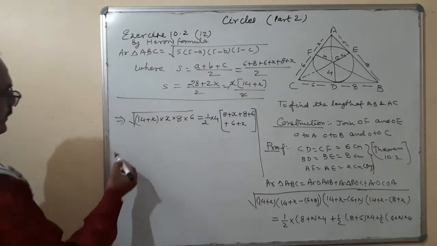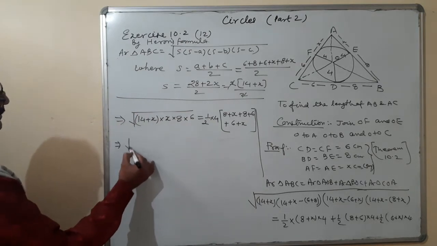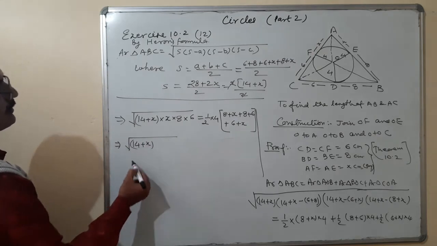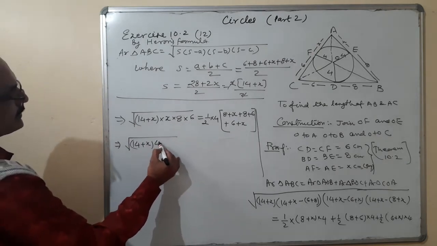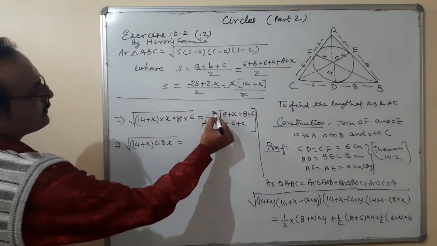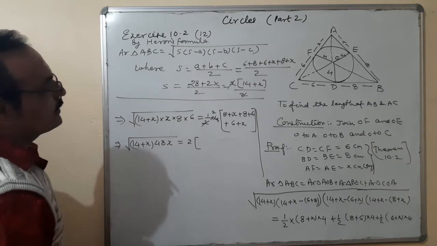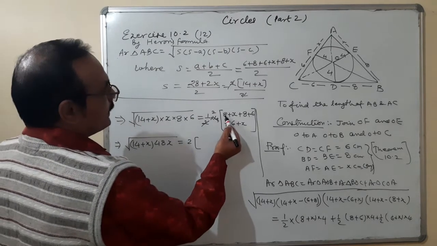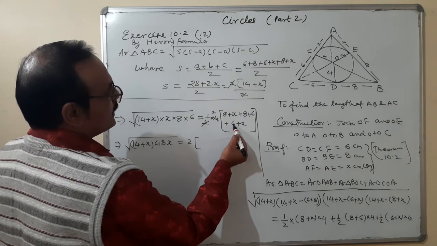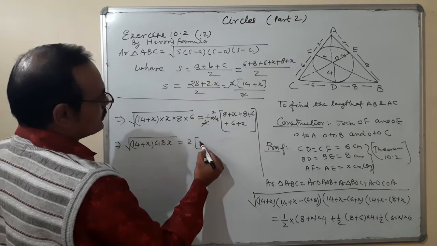So that means under root 14 plus x, 8 6 is 48 x is equal to, cancel 2 outside. This is 8 plus 8 is 16, 16 plus 8 is 22, 28, 28 plus 2x.